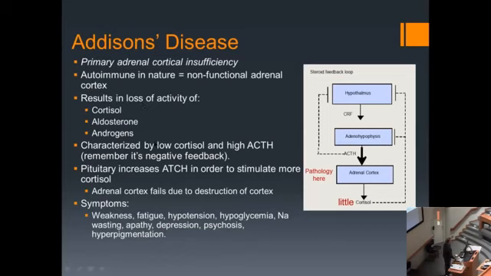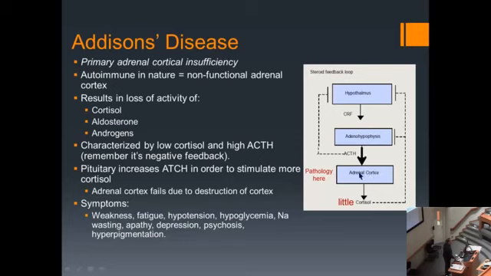And so the characteristic here is low cortisol, very little cortisol coming out, and high ACTH, because remember it's negative feedback. And so if you reduce this pool, the feedback brakes are removed, and so the adenohypophysis spits out tons of ACTH to try to stimulate the adrenal cortex, and nothing comes out.